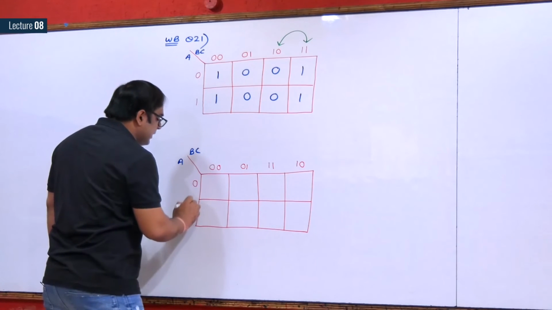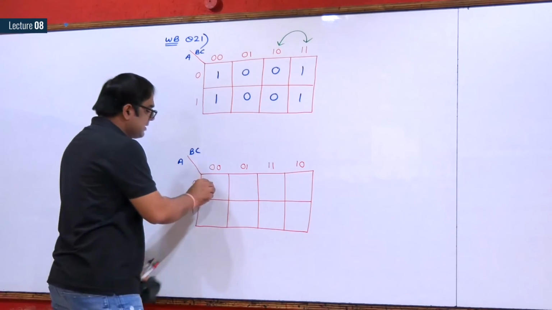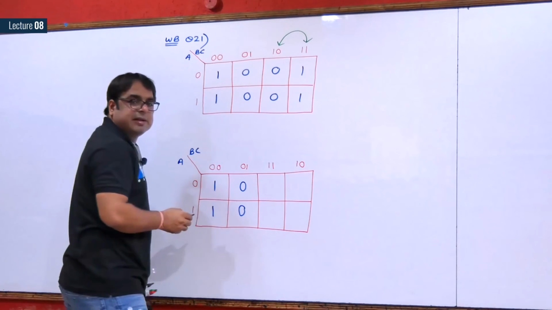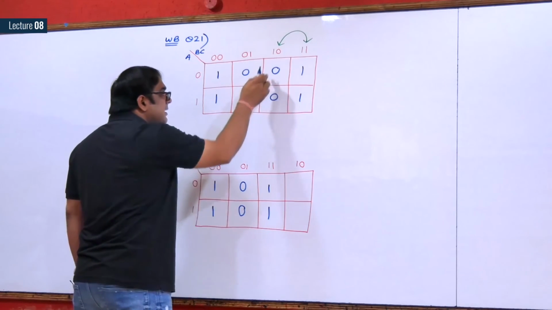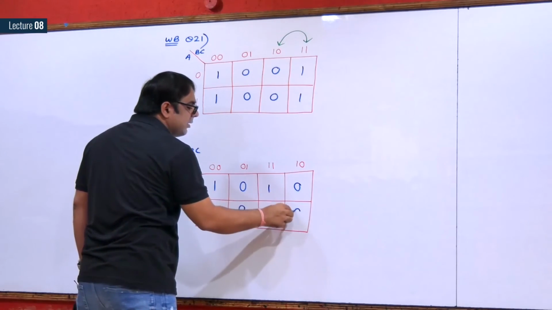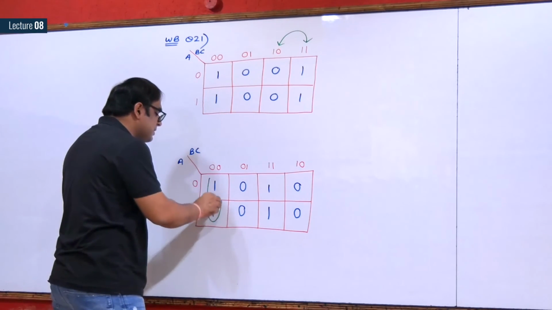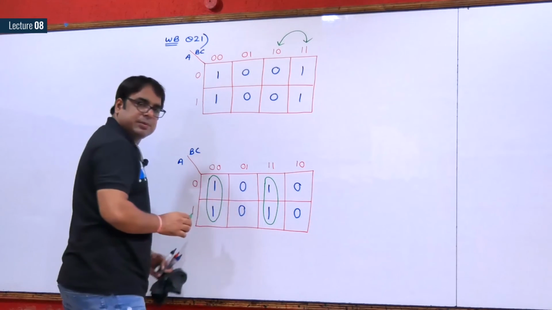There is no problem with A equal to 0 and A equal to 1, so there is no need to change anything there. This 1 1 content will come here and this 0 0 content will come here. Now if you see, this is your group and this is your group.